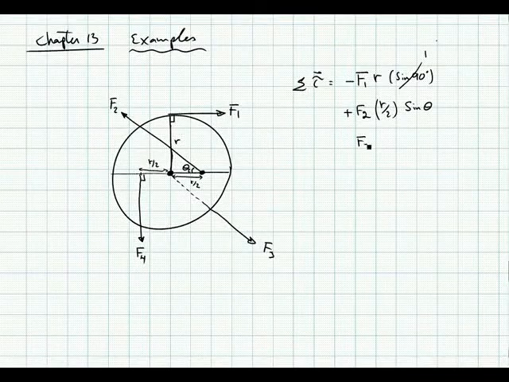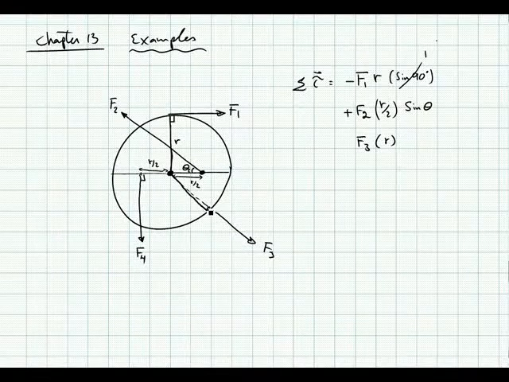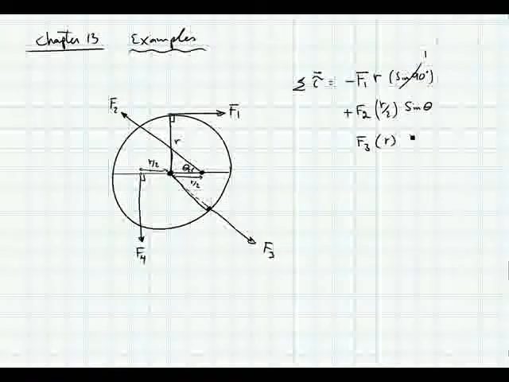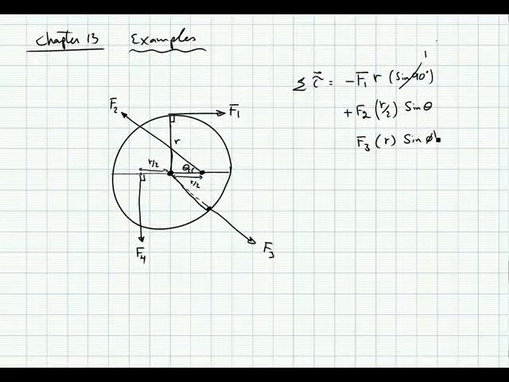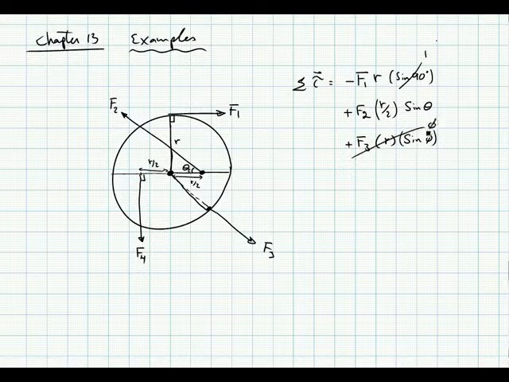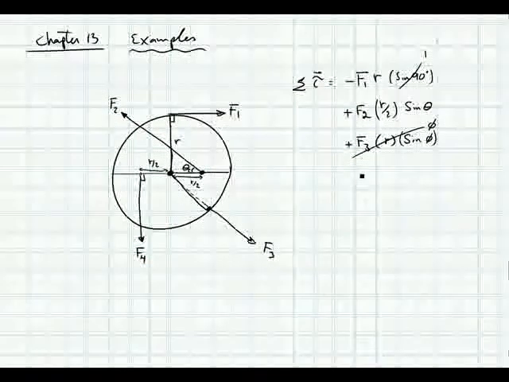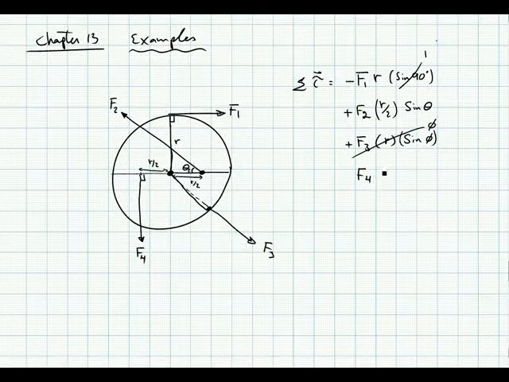Now F3, its moment arm is r again. It's being applied the distance r away, and the angle is 0, which gives us a 0 for this thing. So the radial force, of course, doesn't cause a rotation, as one would expect. And finally, we have F4.